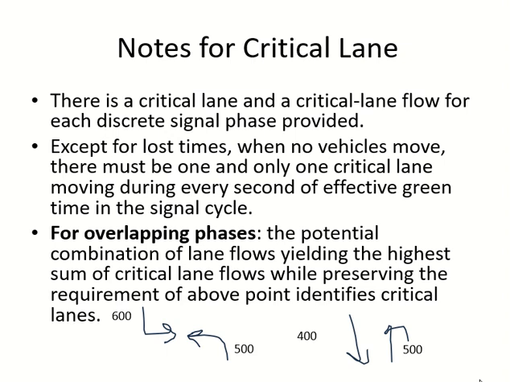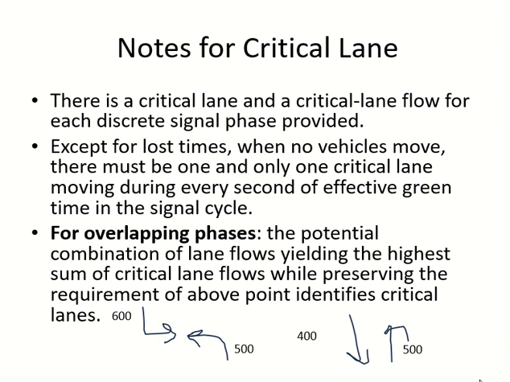So which option of overlapping would I go for? When you are dealing with overlapping phases, you sum the movements of the critical lanes which will go together. So I have a critical lane here and a critical lane here. This one has 500, this one is 400.